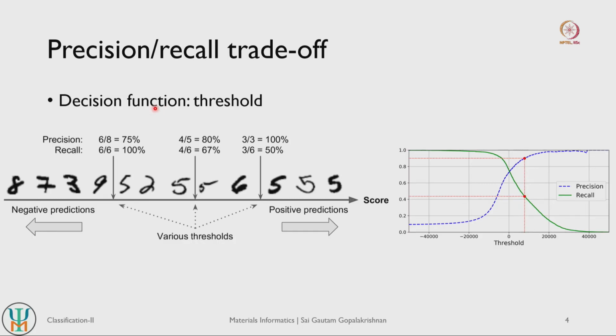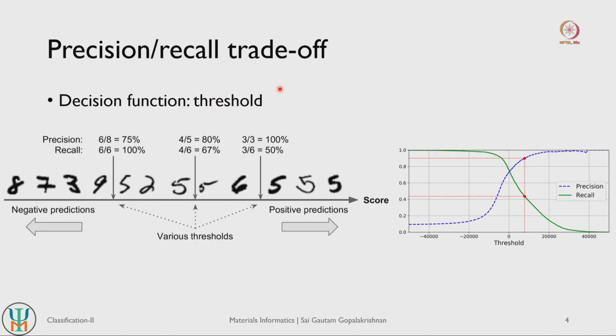The way to understand this trade off is to understand that when you create classification models, you create what is referred to as a decision function. Think of this as a threshold value that the model learns. If a predicted value is above this threshold, the model generally assigns it as a true prediction, and if it is below this threshold, the model tends to assign it as a false prediction.